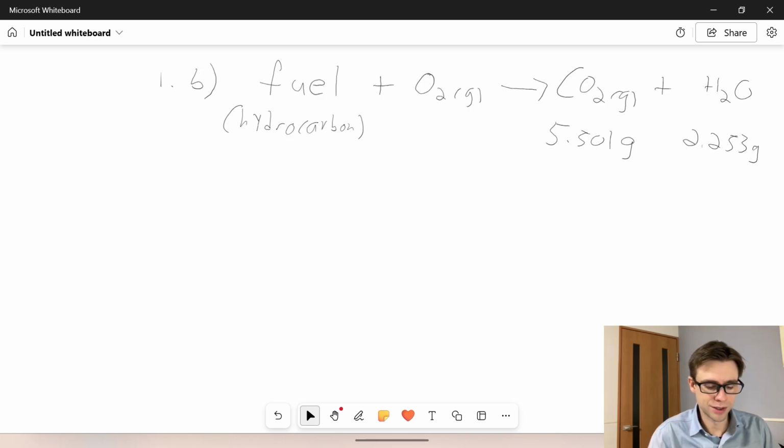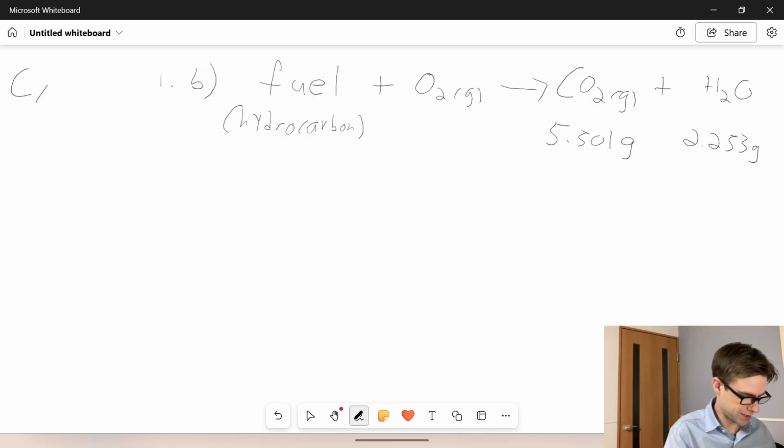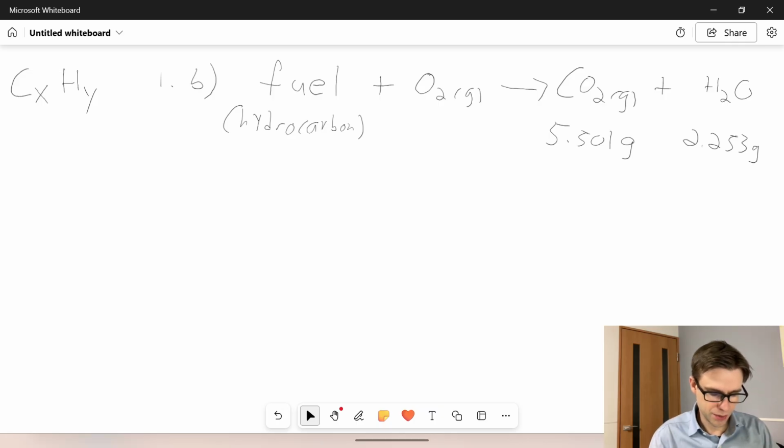What we have instead is products of a chemical reaction. But you need to realize that you still have all the information you need to find an empirical formula. What you need to try to get is mole ratios, right? We're trying to find what this hydrocarbon fuel was. It's CxHy. x and y are something. And we can find it with this information.